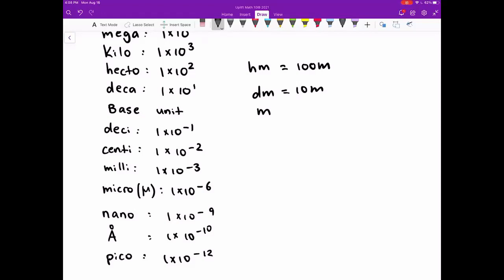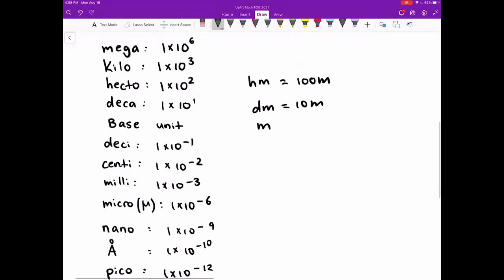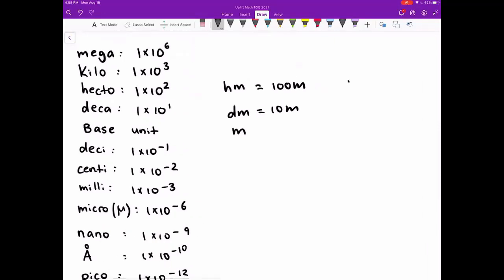What we do is we just multiply it by the multiplication factor. Oh yeah, it's a decameter. And then to get from decameter to meter, we just divide by the multiplication factor. So we divide by deca, which is 10. So we get 1 meter.